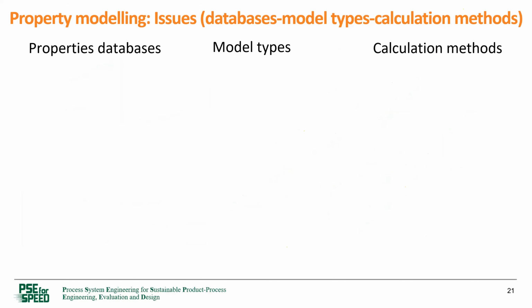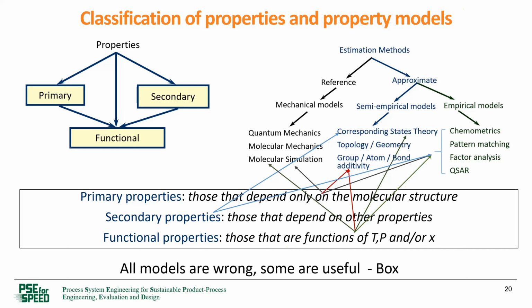So if we go back here, we can see that we want to make approximate models, which are semi-empirical models. And in semi-empirical models, we will have parameters. In order to estimate parameters, we will need a database of measured data.